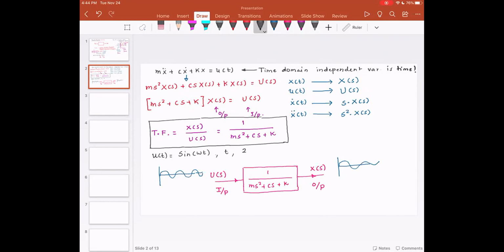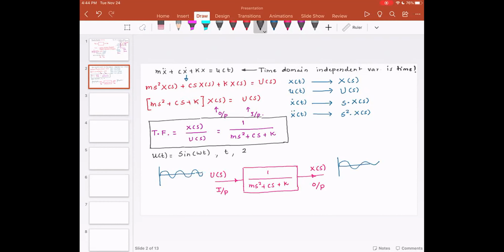The way I pose this problem is, think about the transfer function as a block or a math operation, and you're multiplying by a constant number 1. But I want to check, is there any particular value of s at which the system response could become infinite?